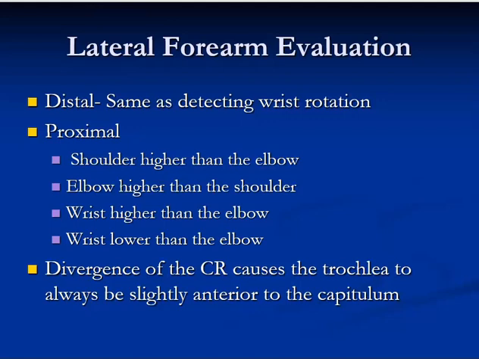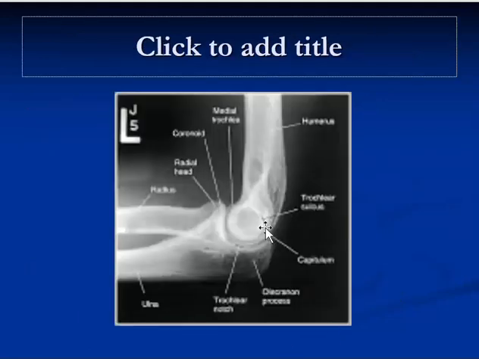what you're going to be looking for, I'm going to go to a lateral elbow, is the condyles, the humeral condyles should be fairly well round, like so. So if you've truly got a good elbow, I understand I'm taking a little bit of a deviation here, but if you've got a good elbow, then those two condyles are going to be perfectly superimposed like that.